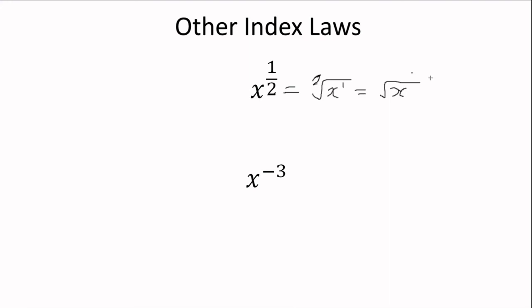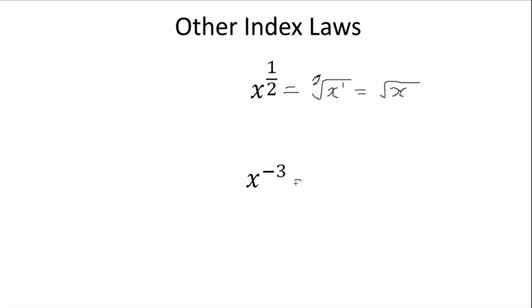So you could just leave it as the square root of x. And that is what x to the power of half is. So x to the power of half is square root x. Again, this is a very, very useful equality that will be used a lot in the future. But for now, this is what we know is true.